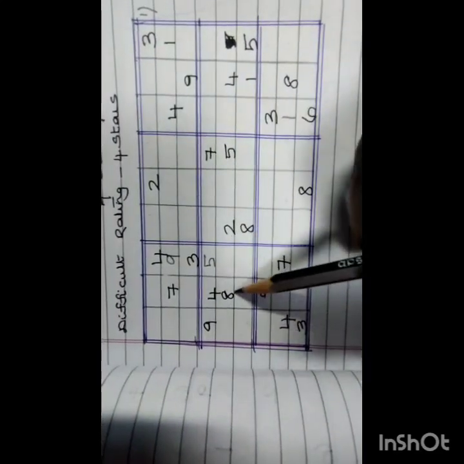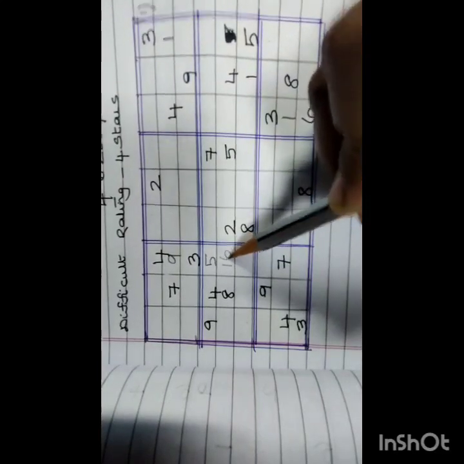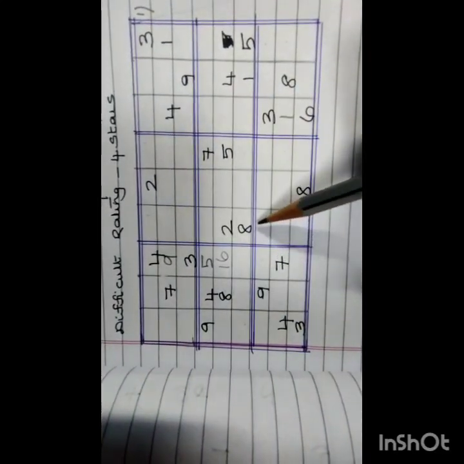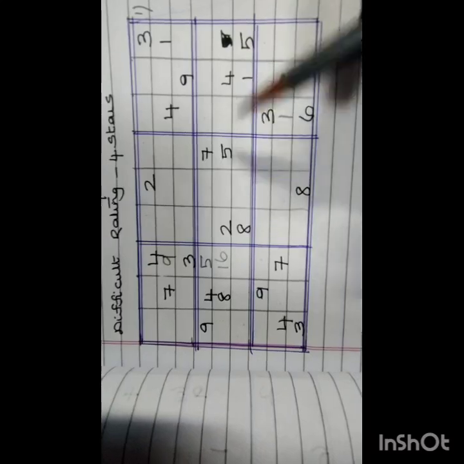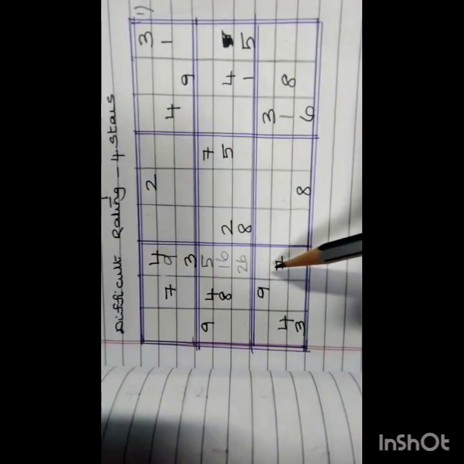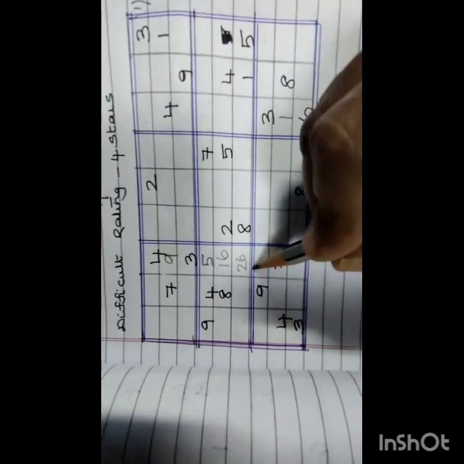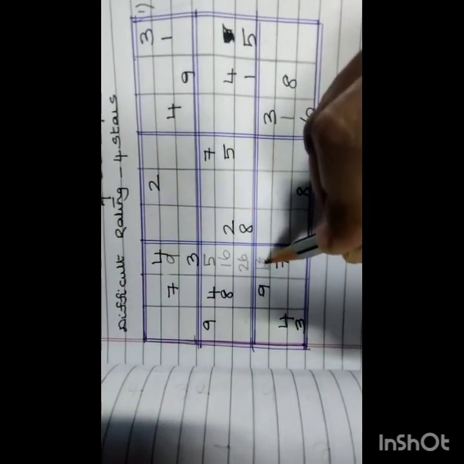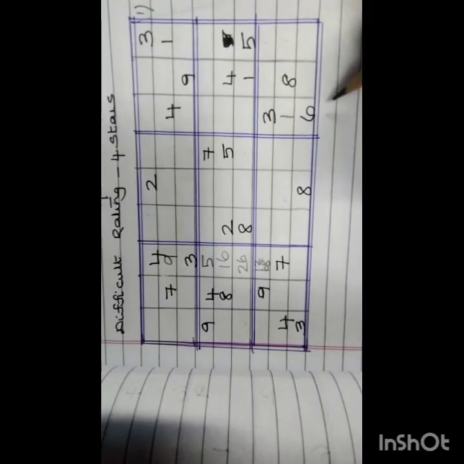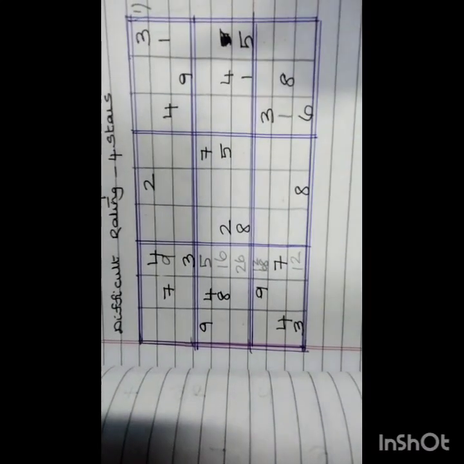So 2 and 8 are there in this row, so the missing numbers are 1, 6. Here 1 and 8 are there, so the missing numbers are 2, 6. Here 1, 2, 6, 8: no, all 4 numbers are not there, so write all the 4 numbers. Here we have 6 and 8, so the missing numbers are 1, 2.